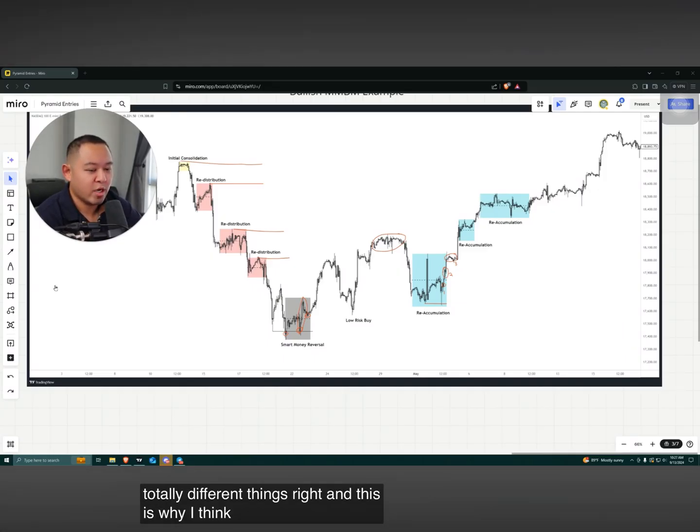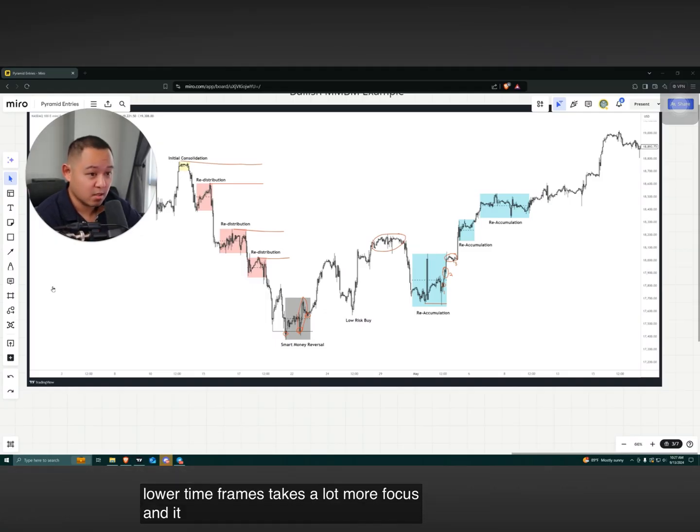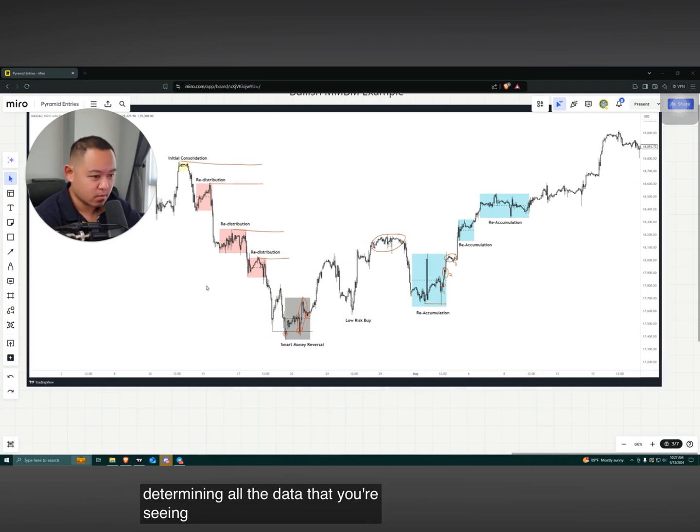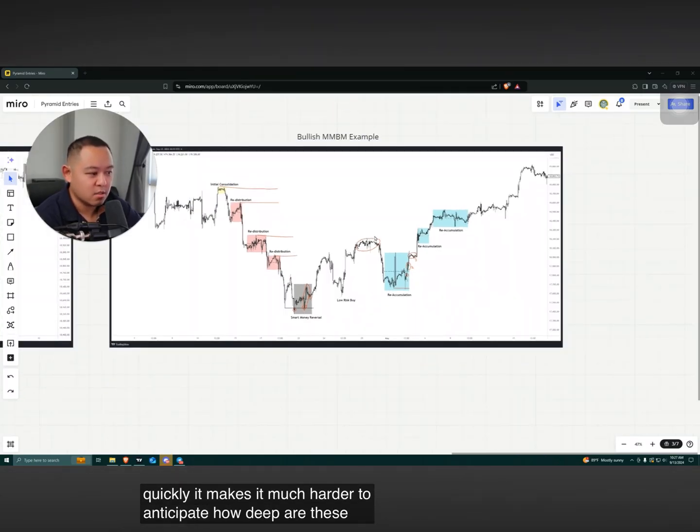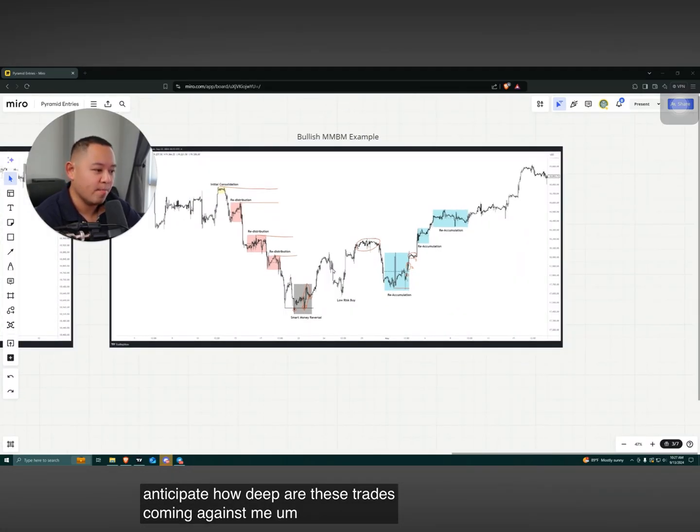And this is why I think trying to pyramid on the lower time frames takes a lot more focus, and it takes a lot more skill in determining all the data that you're seeing, because when it's occurring very quickly, it makes it much harder to anticipate how deep these trades are coming against me, and where my stops are going to be in a logical area, right?